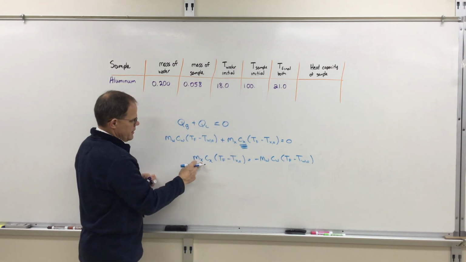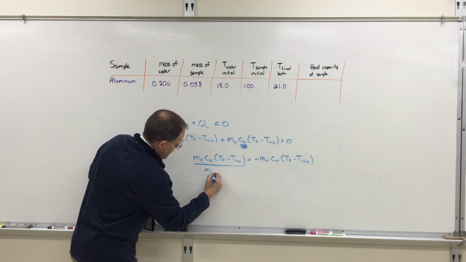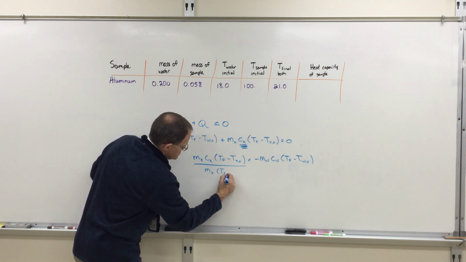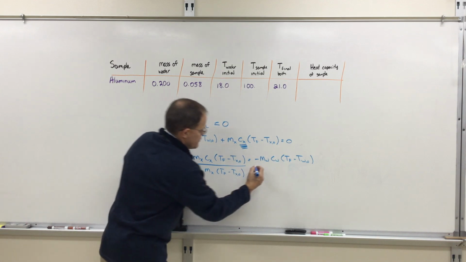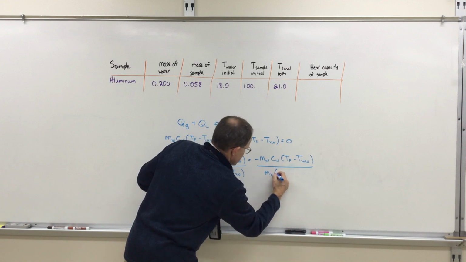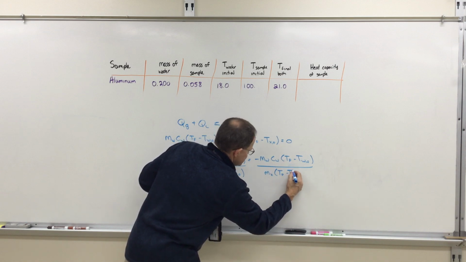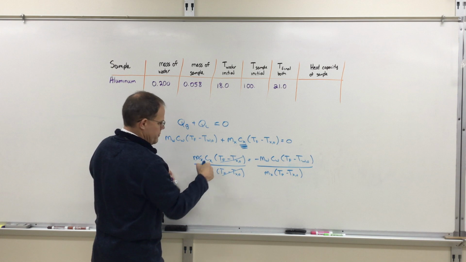And if you want to find the heat capacity of the unknown, you're going to divide both sides by the mass of X times this difference in temperature. So if we do that to both sides, I'm going to have the mass of X times the temperature final minus the temperature of X initial. And so that leaves over here the heat capacity.